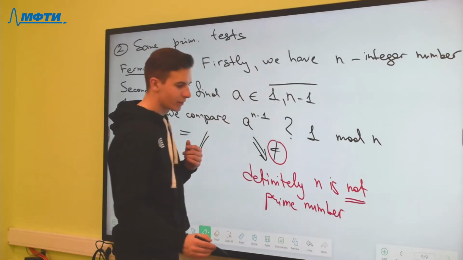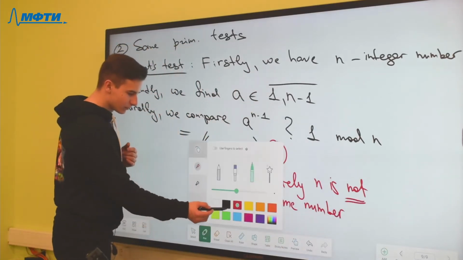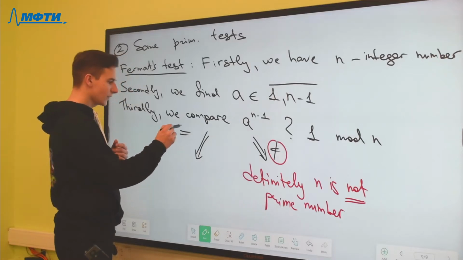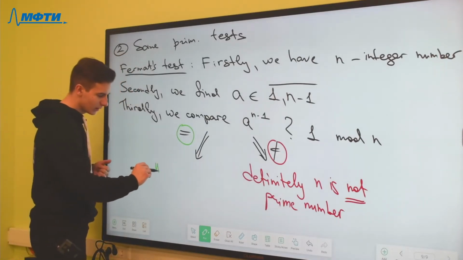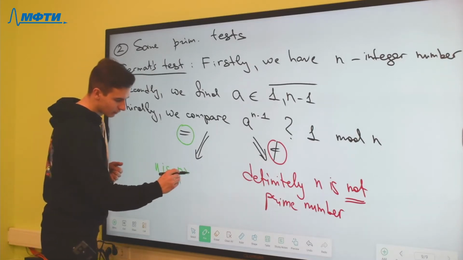But in this way, we say that n is a prime number.